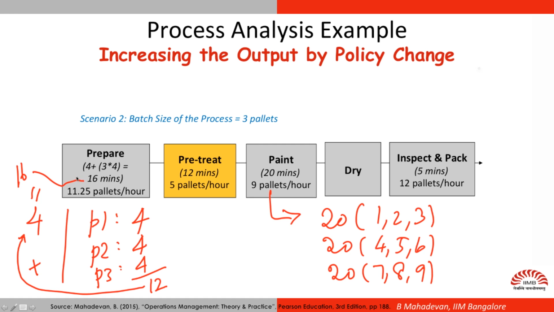That is how this number is coming, and in 16 minutes we get 3 pallets, which means we will get 11.25 pallets per hour. So that is what is happening when the process choice is 3 pallets. Again what we notice is the bottleneck is once again pre-treatment, and the output is 5 per hour. That is what we notice.